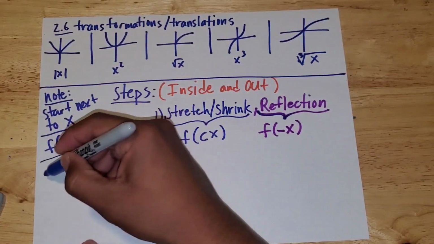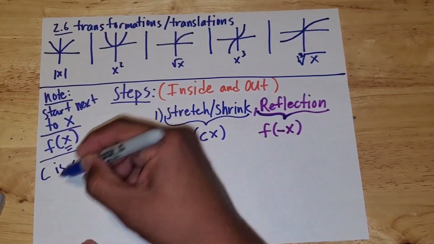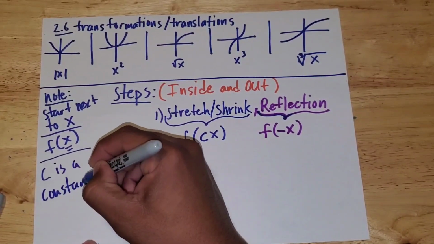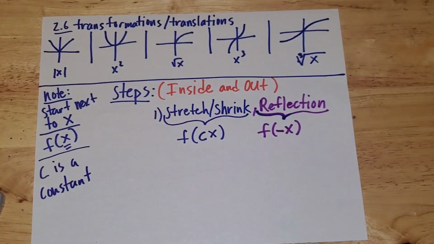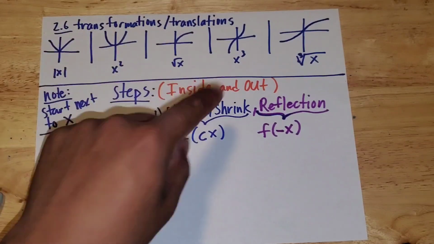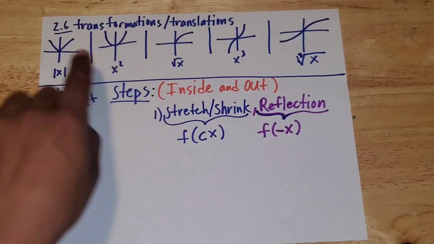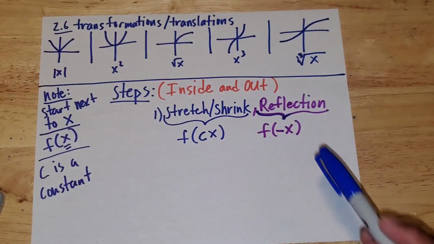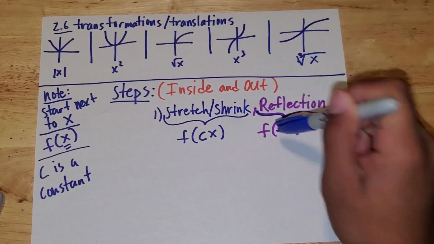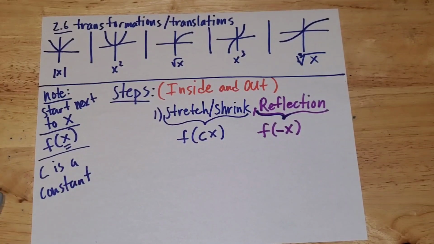Maybe I'll put a note here: c is a constant, so just a fixed number that's going to be there. And this does a stretch and shrink. This does a reflection, and what's happening is to the x. So imagine we're looking at one of these functions, any of these three. What this reflection does, I don't know if I'm going to have enough room, I'm going to have to get another sheet of paper. What this reflection does here, it does a reflection.